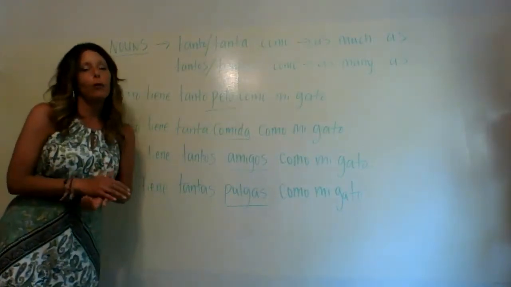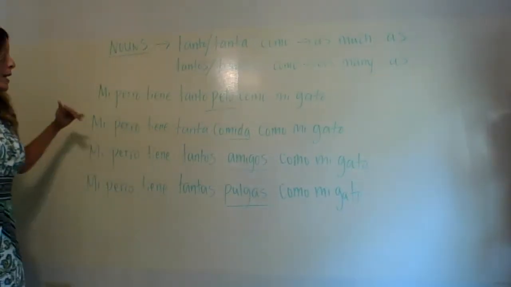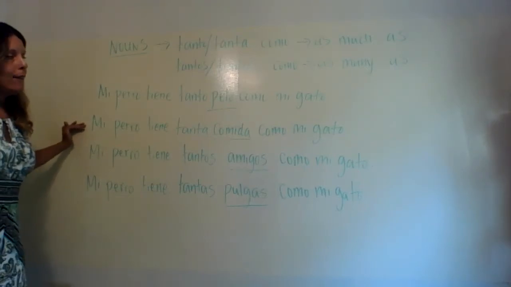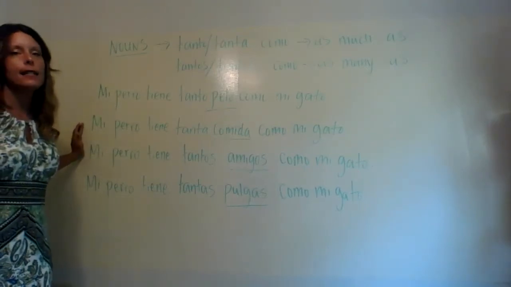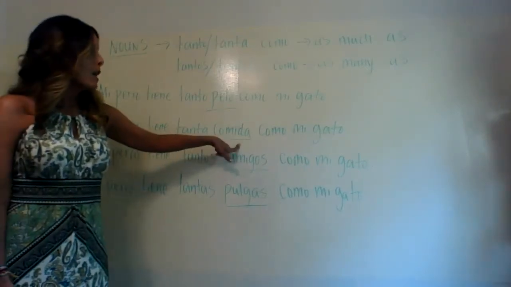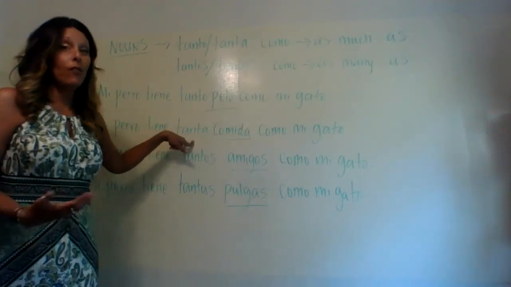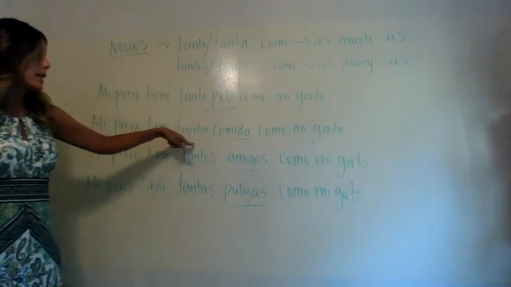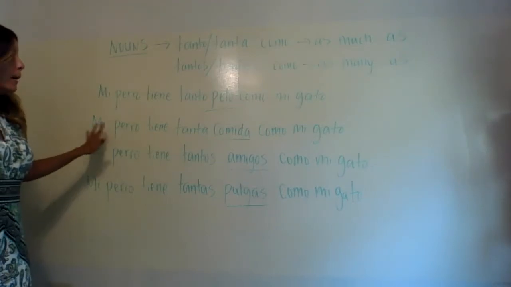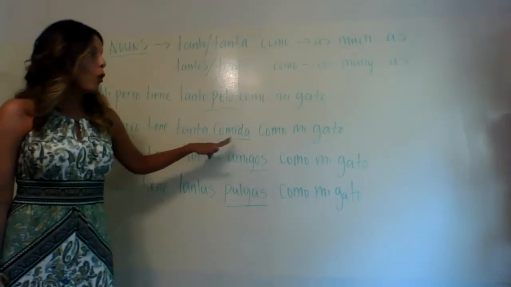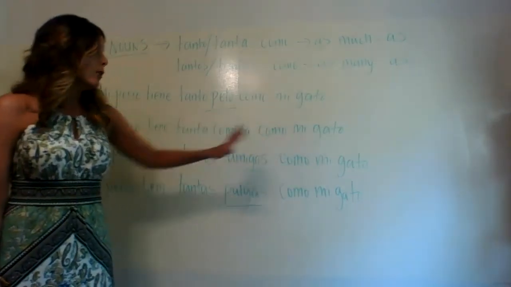Tanto pelo como. Then we move down to our next example, and I give you something that is in its feminine and singular form, comida. So our tanta is going to be necessary in its feminine and singular form, obviously. So now we have, mi perro tiene tanta comida como mi gato.